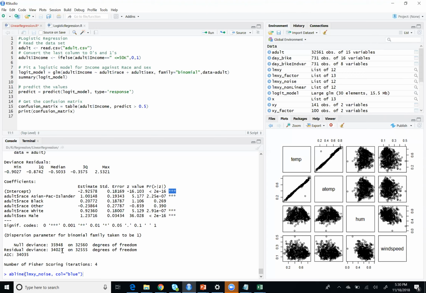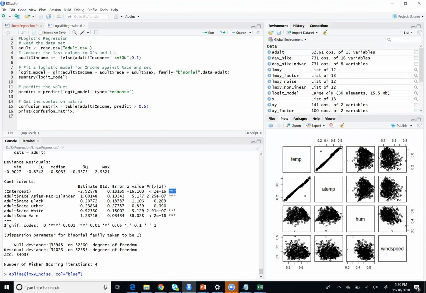Null deviance and residual deviance: residual deviance is the deviance you get when you use all the parameters, A1, A2, A3, A4, A5 up to B. Null deviance is when you make A1, A2, A3 all 0 and only use B. Is the data even helping you?